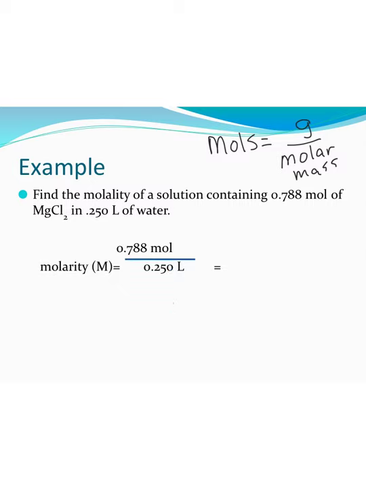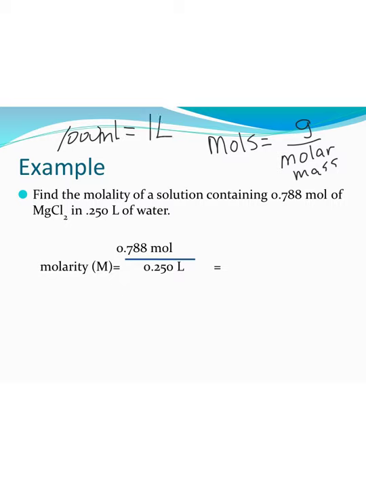Sometimes we might actually be given our volume in milliliters. And so one conversion that you need to know is that there are 1,000 milliliters for every 1 liter.